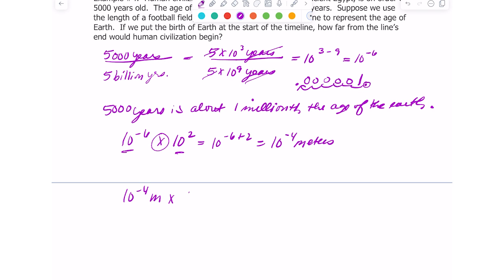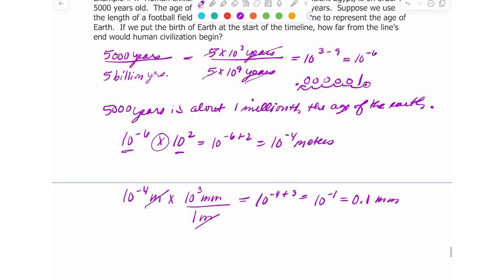Well, there's 1,000 millimeters, or 10 to the third millimeters, in 1 meter. So now I can cancel them out. And again, you're multiplying like bases, so we add the exponents, and you get 10 to the negative first, or 1/10, 0.1 millimeters.